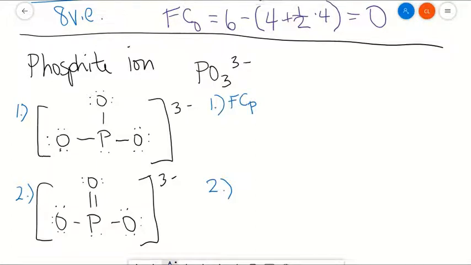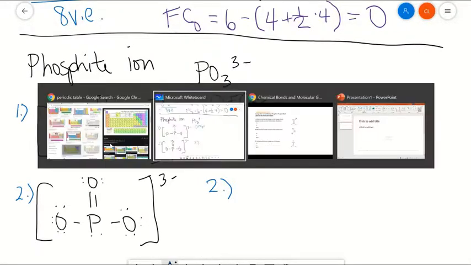Okay, so let's calculate the formal charge of the phosphorus over here. So here's our phosphorus. For that equation, remember the first one is the number of valence electrons, and let's take a look at phosphorus on our periodic table.